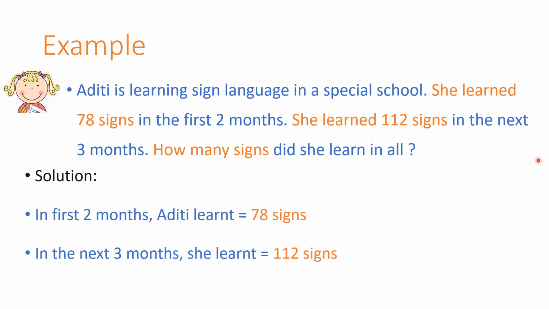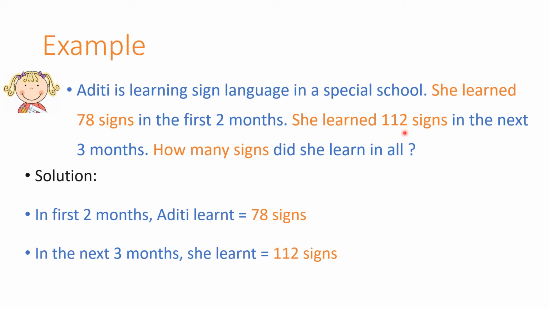It's very simple, children. First, you have to follow the steps. What are those steps? First, read, then find, then decide, then solve, then check. So, first, you have to read the question carefully. Then, you have to find. In this problem, we get the information that she learned 78 signs in the first 2 months.